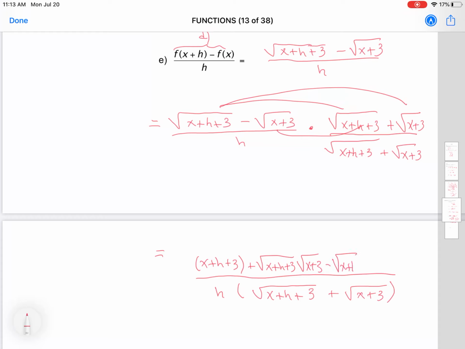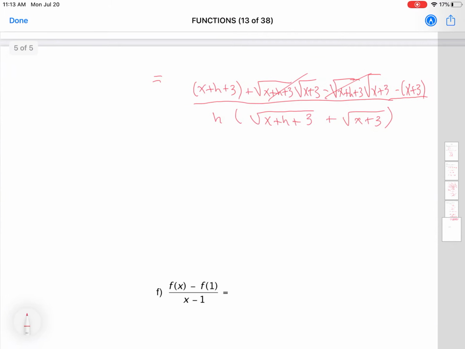Plus 3 root of x plus 3 minus the very same thing, x plus h plus 3 root of x plus 3. Now, what really matters is the last part, root of x plus 3 times root of x plus 3 with a minus, that's minus x plus 3.